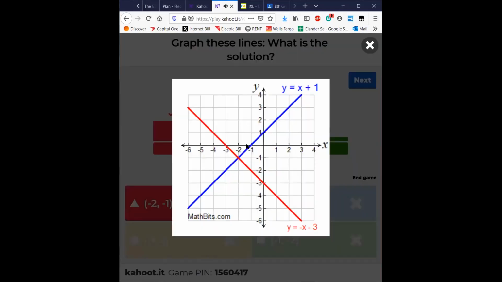So 2 to the left and down 1, so -2 comma -1.